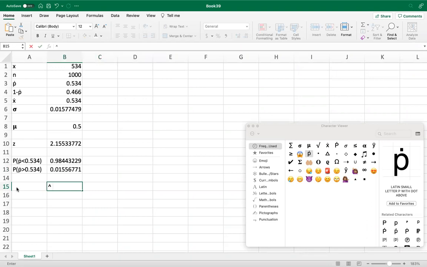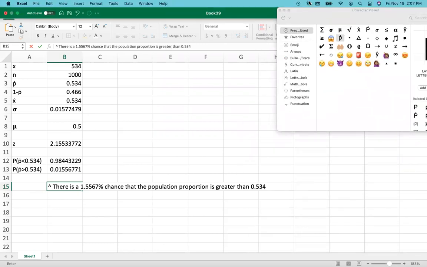So we could turn that into a percentage of 1.5567% chance that the population proportion is greater than 0.534. So these chances are very low.